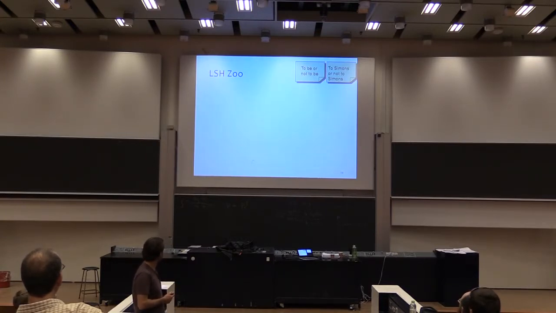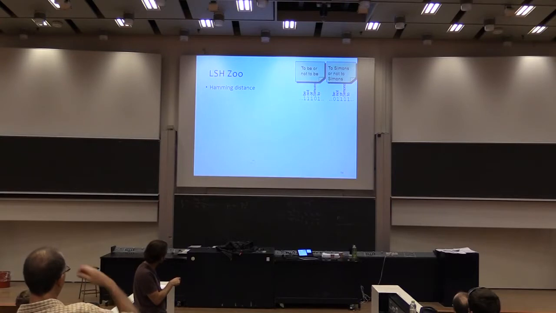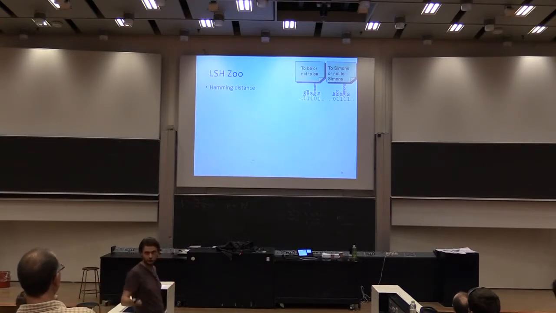So suppose we want to hash documents. For example, we can embed these documents into Hamming space. And one way to do it, how do you obtain vectors in Hamming space of 0s and 1s? You take vectors where coordinates correspond to words in the English dictionary, right?